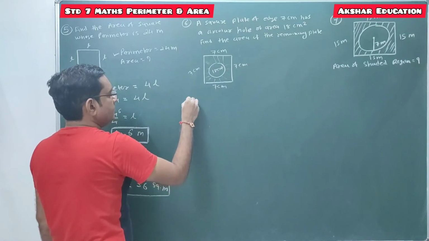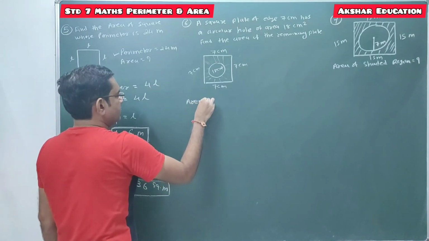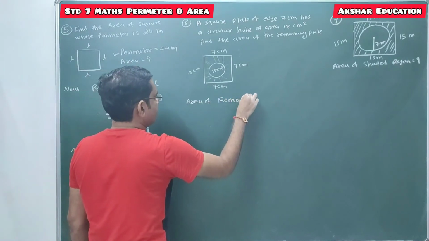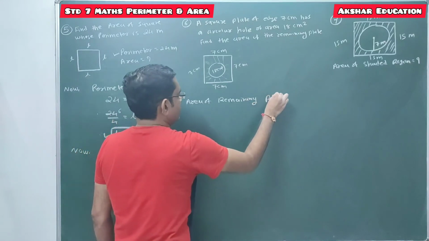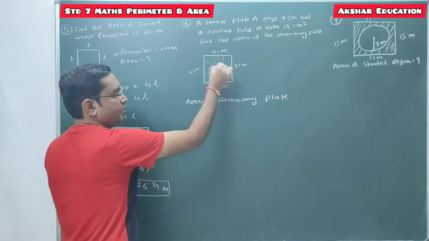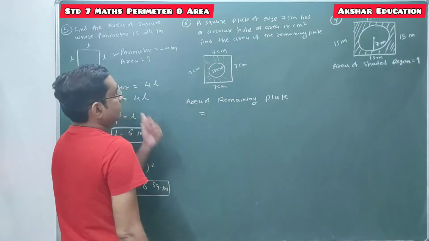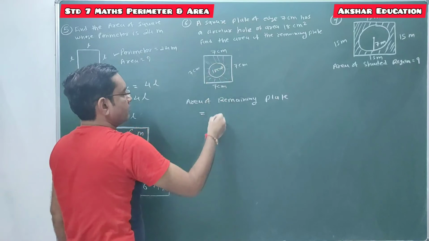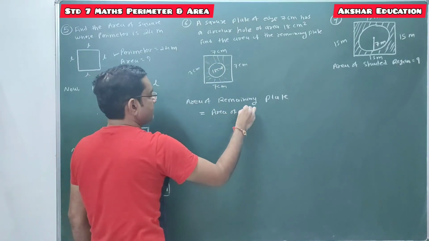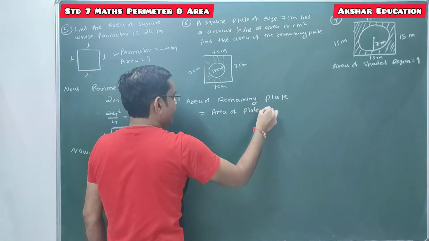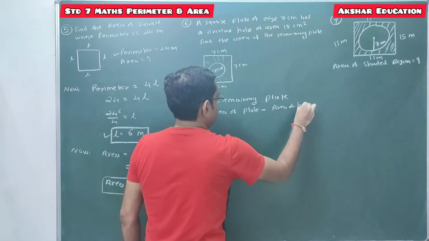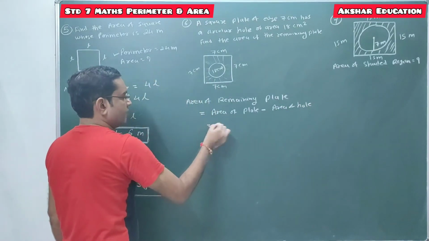So area of remaining plate is nothing but the area of square minus area of this circle, that means one hole. So it's area of square plate minus area of hole. So what is the area of plate?